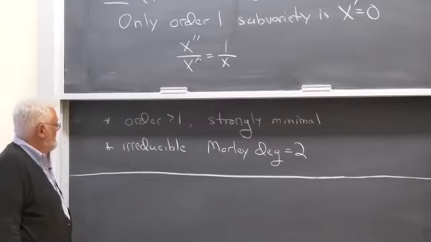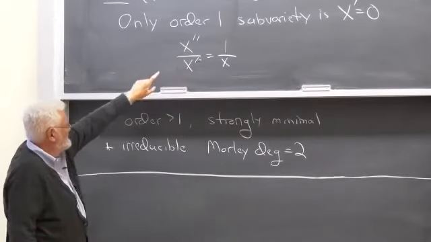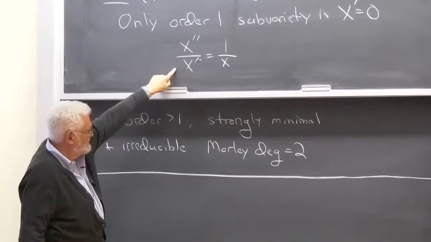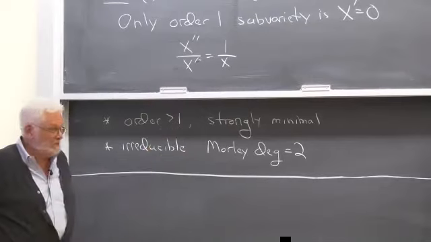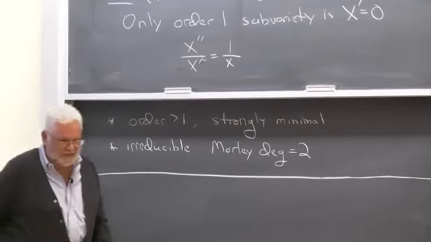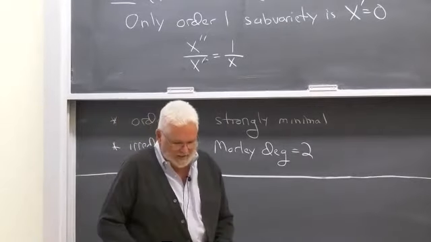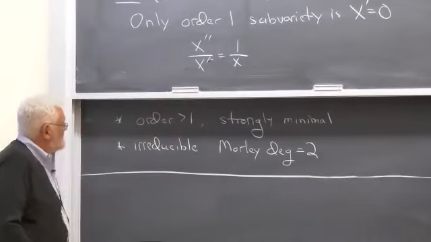Pardon? This set's strongly minimal. Sorry, so this is the first example of an order greater than 1 strongly minimal set. The original variety is something that's irreducible, but Morley degree 2. Again, very different from what one might expect, just using algebraic geometric intuition.